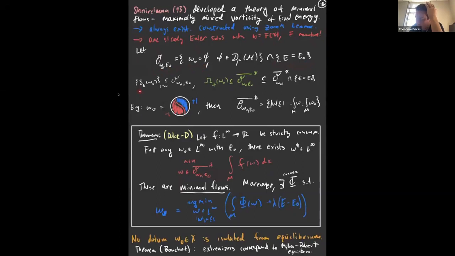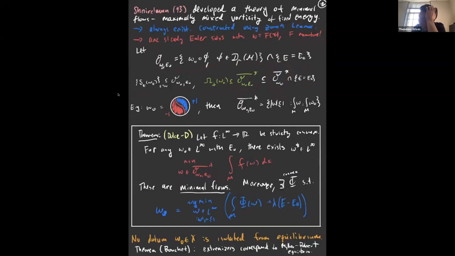Clearly, the Euler solution lies in this set. And moreover, the omega limit set of the Euler solution is contained in the closure of this set in L infinity. So just looking at any weak limit in this set, not coming from fluid flow, let's just add it to that. That's the closure. This one is contained in just the closure of the area preserving rearrangement itself, intersect equal energy.